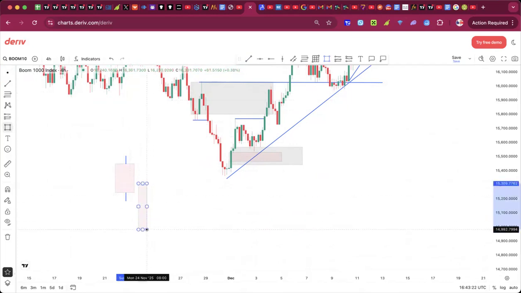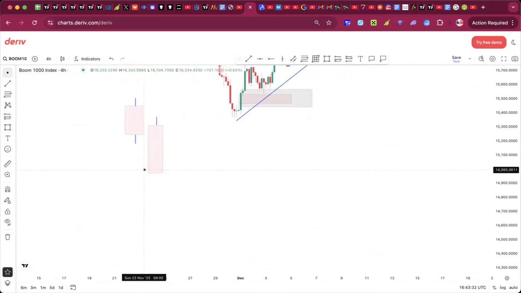Let's say like this. As the second one opened and closed, you see this is bearish, right? So when this one closes here, the new candle opens because this is where it closes.